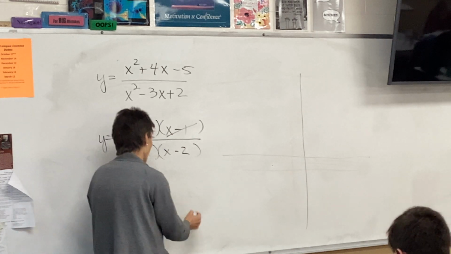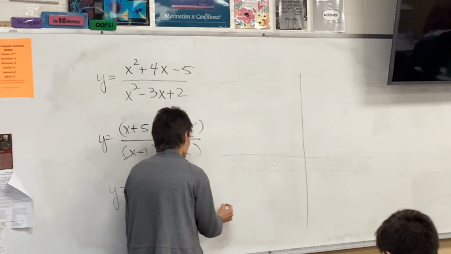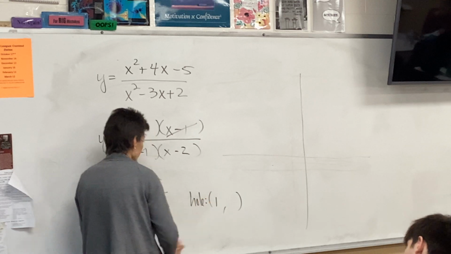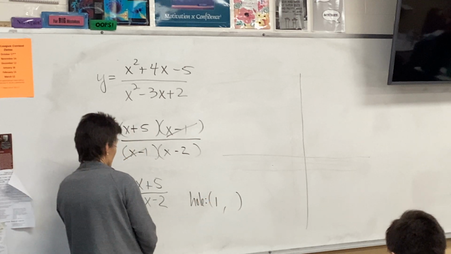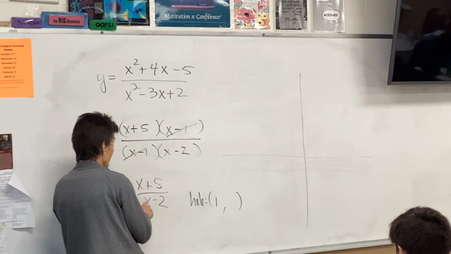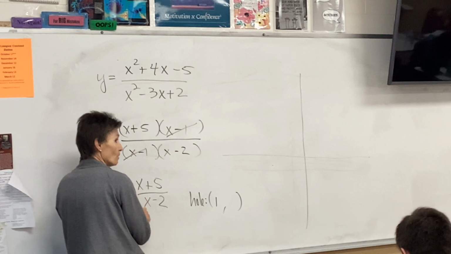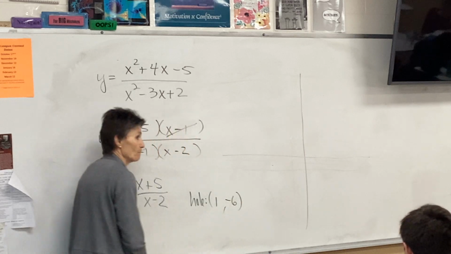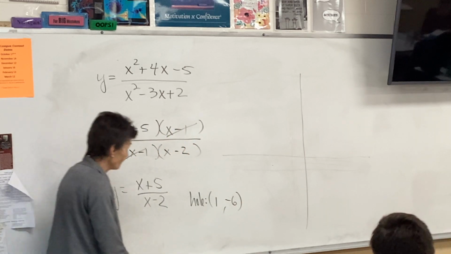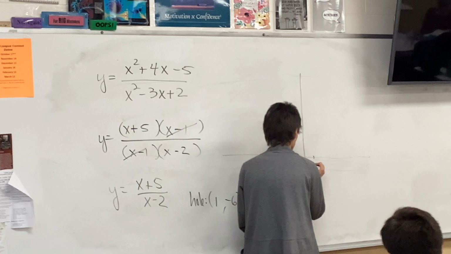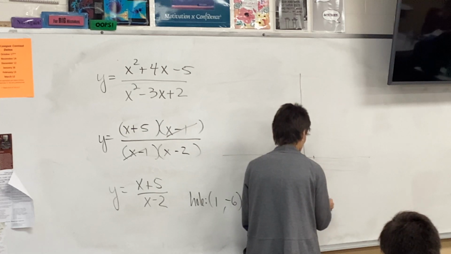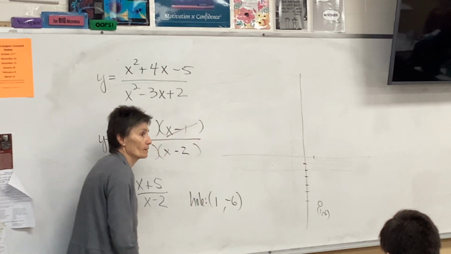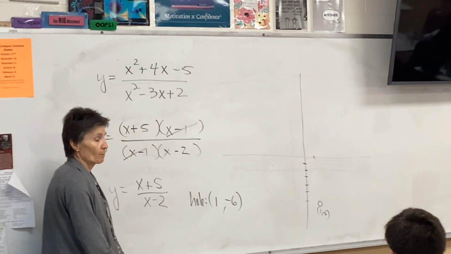Okay, so we know we have a hole, and it's going to be where x is 1. When we put in 1, we get 6 over negative 1, which is negative 6. So we have a hole at 1, negative 6. Okay. What else do we need to put in our picture?